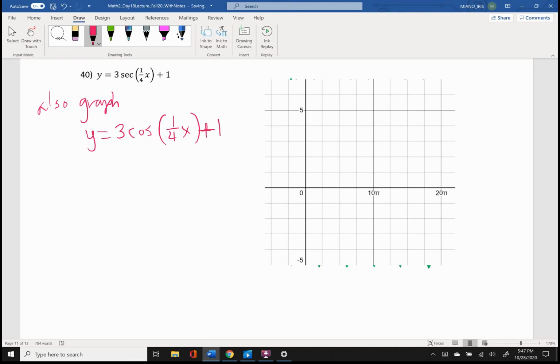So let's go ahead and note some things. Our amplitude is 3. Our period is 2π over 1/4, which is 8π. And we're going to do this in a couple of phases.